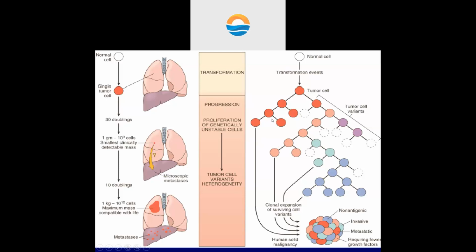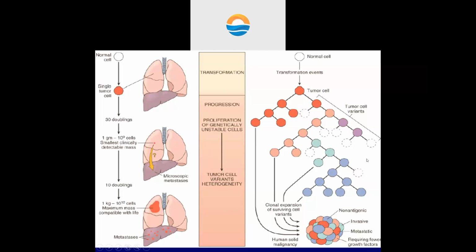And then we see tumor cell divisions. With every division, we have proliferation of genetically unstable cells. And due to that, we have tumor cell variants. Some of them are good in invasive properties, others metastatic, the third ones have various other properties.